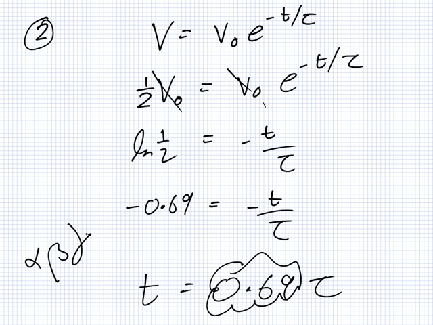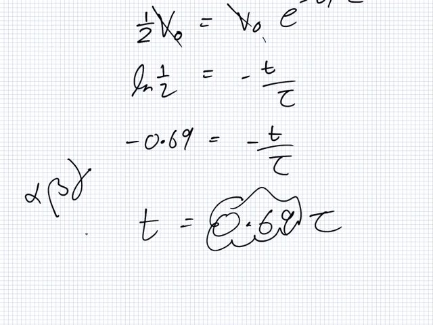Because my question was, how long until you have half the voltage? So if you started with V0, I want to know when the V will be a half V0.